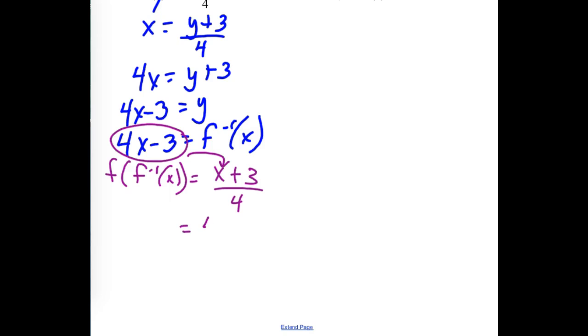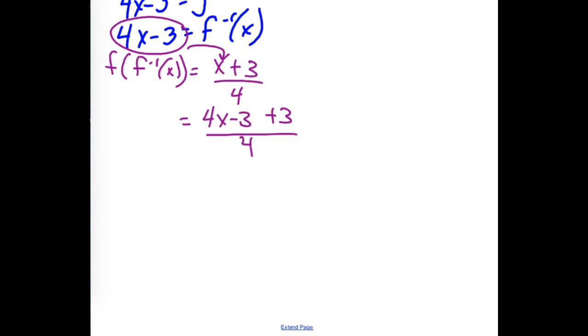So we've got 4x minus 3 plus the 3 divided by 4. And remember on Friday we talked about the order that things drop out in being really important. So what would the first thing cancel out? All right, so subtracting 3, adding 3 is going to drop out. So we end up with 4x divided by 4, and then we can cancel the 4's. And we just get our x.